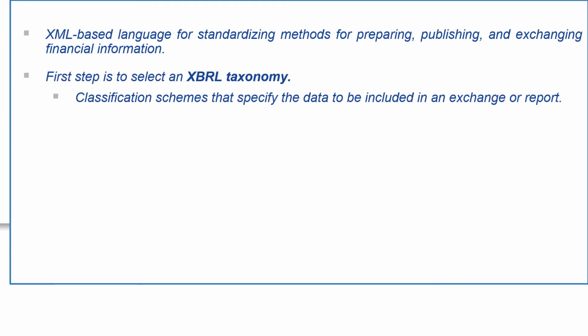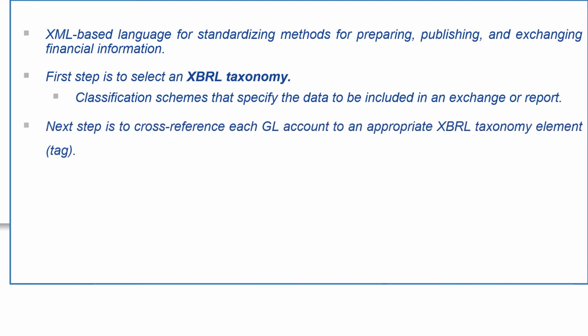XBRL is an XML-based language for standardizing methods for preparing, publishing, and exchanging financial information. The first step is to select an XBRL taxonomy. What is a taxonomy? It is a kind of dictionary of the terms used within the XBRL. We will explain taxonomy in a short while. The XBRL taxonomy helps to classify the schemes that specify the data to be included in the exchange or report.